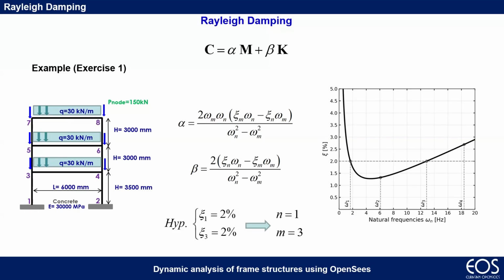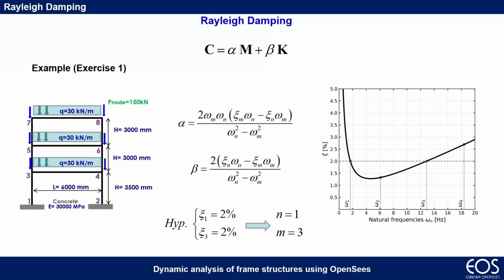On the right side of the screen, I'm showing you the damping as a function of the frequencies. So I fix the first and the third mode to be 2%, and I found the alpha and beta, and I can compute the damping matrix.